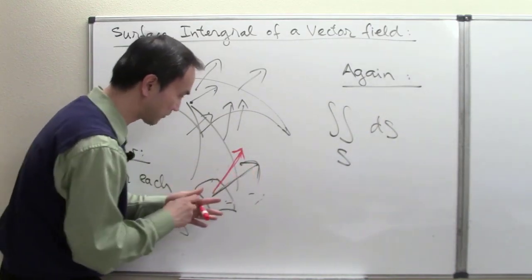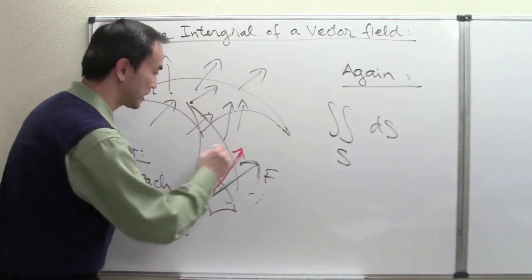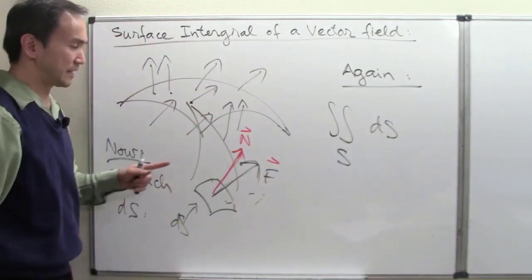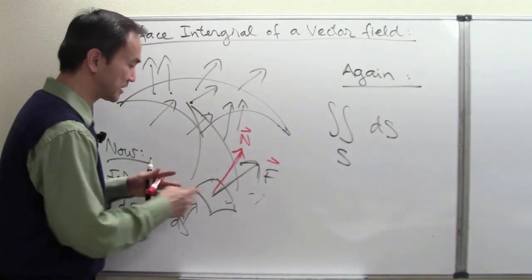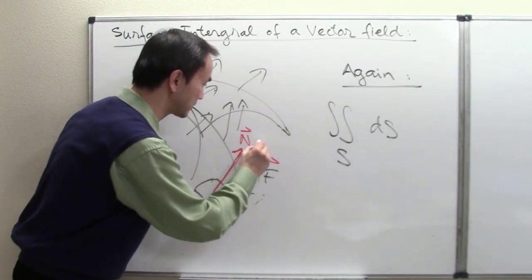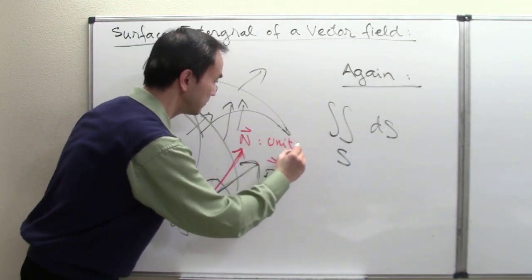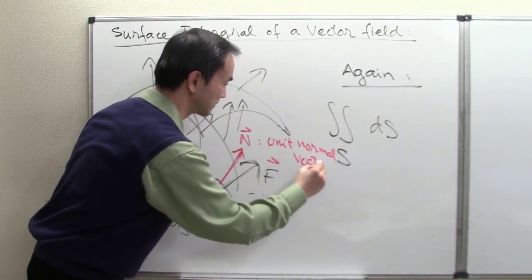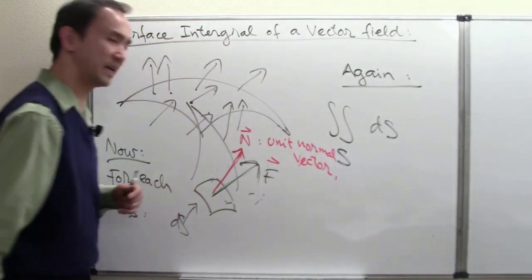This one here is from the vector field F, and this one here is from the normal vector. These are all vectors, and I purposely use the unit normal vector. So the n right here is really the unit normal vector.